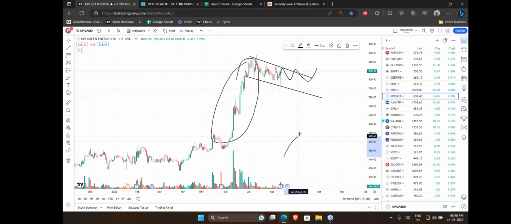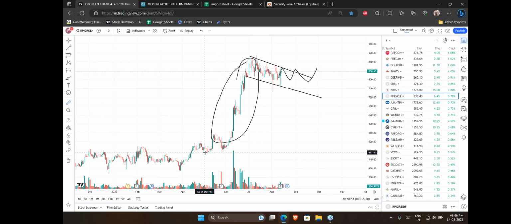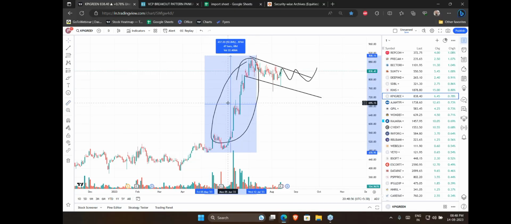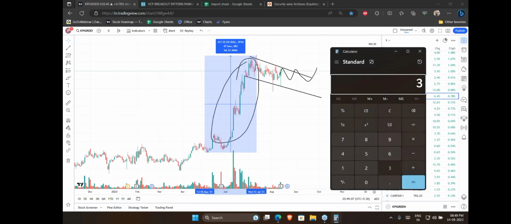You can imagine the investment of 35 lakh shares. Let's say there is an average price. If I start from this place and this place, can I say the center is the average price, 680, 690? 680 multiplied by 35 lakh. This is how much investment has been done in this particular stock in June itself. So they will not let the price go down, but the price needs to take some rest.